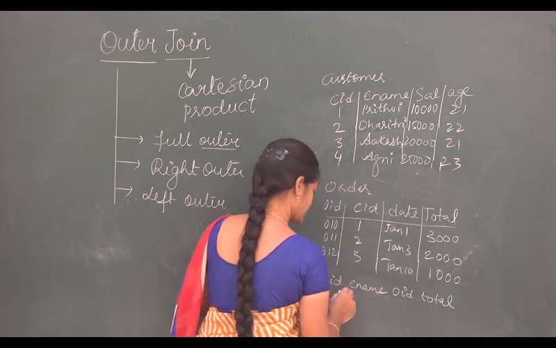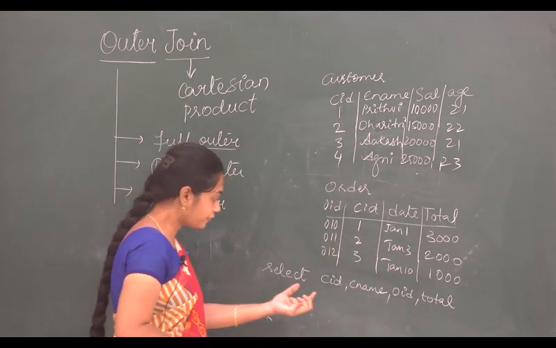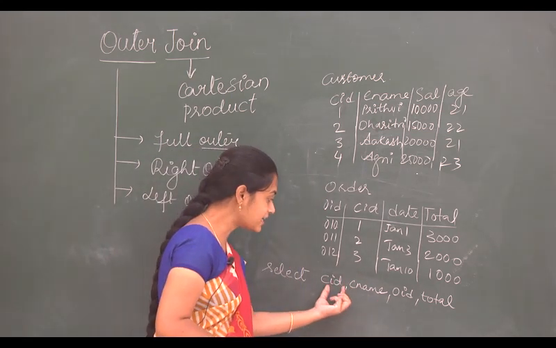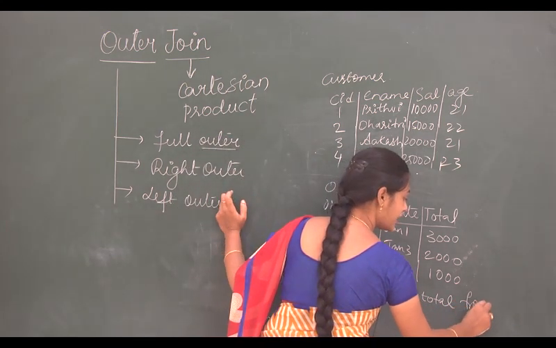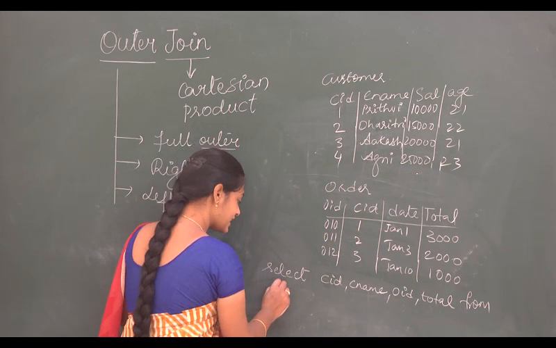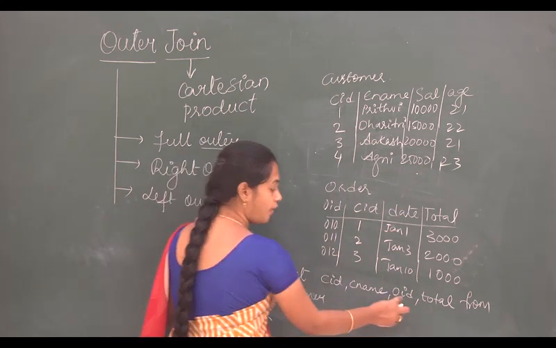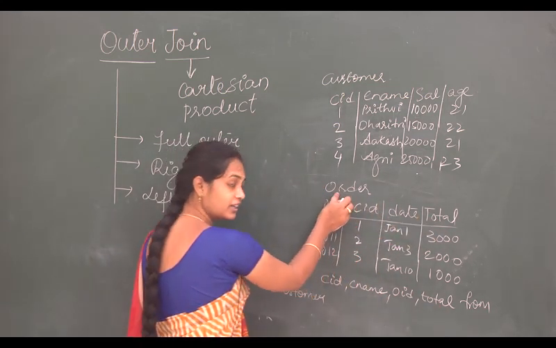Where are all these attributes present? See here, CID and CNAME are present in customer. So how do you write here? From customer. And order ID and total are present where? Order ID and total are present in the order table.